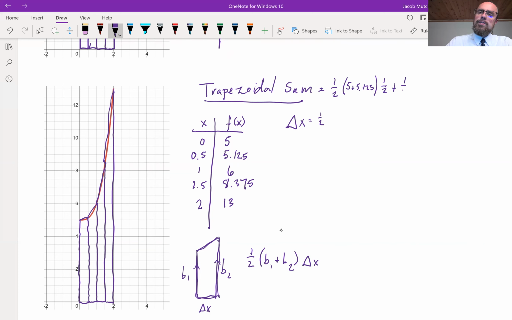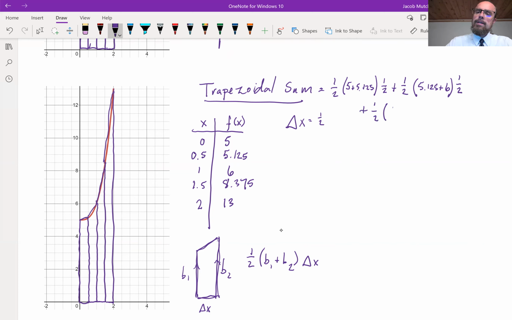Again, we'll do that for the second one, plus half. Now the second trapezoid, its left side's 5.125, its right side is 6. We'll scroll around here so we don't run out of room. Oh, okay, and I do need to multiply by delta x half.